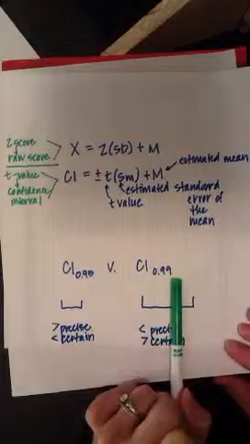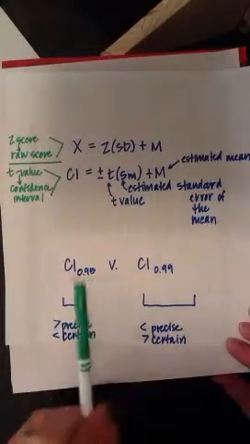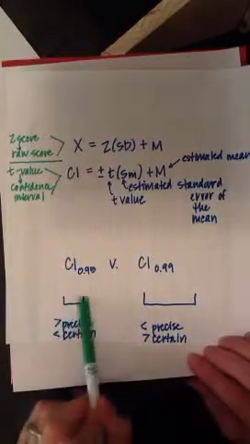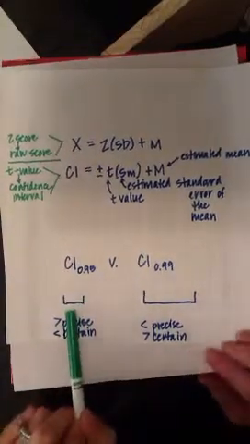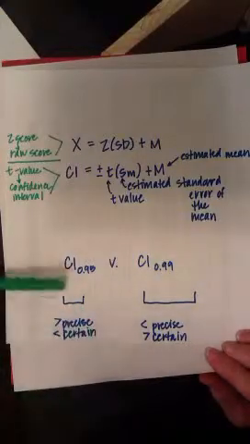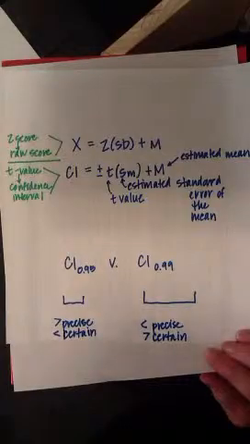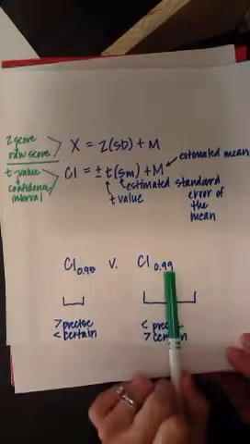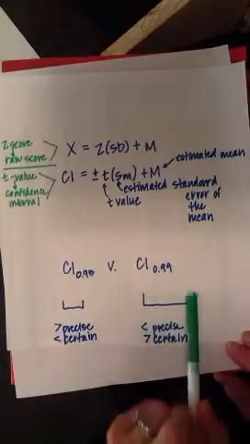Now, if you think about it, the confidence interval at 0.95 means that your range, represented here by this very sophisticated graphic of mine, the mean has a 95% chance of falling within that range. If you have a confidence interval of 0.99, that means you have a 99% chance that your mean will fall within that range.